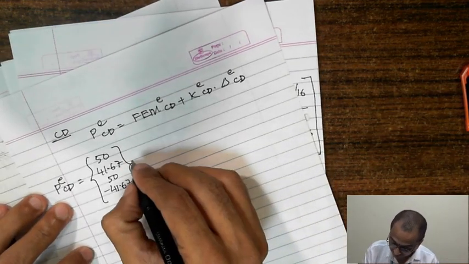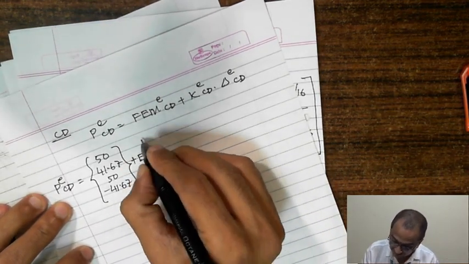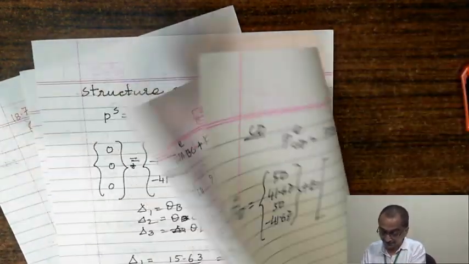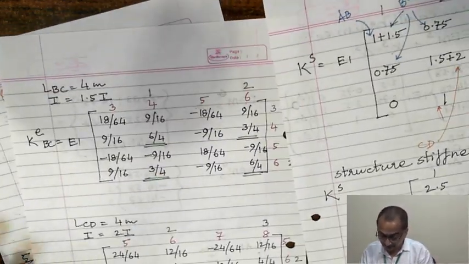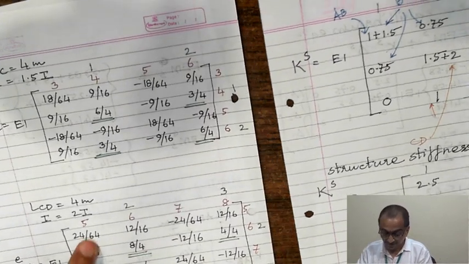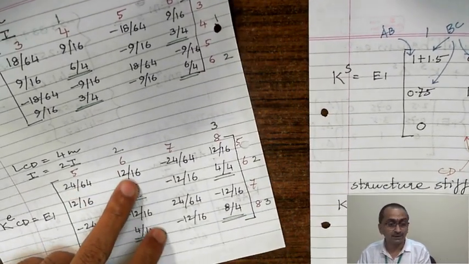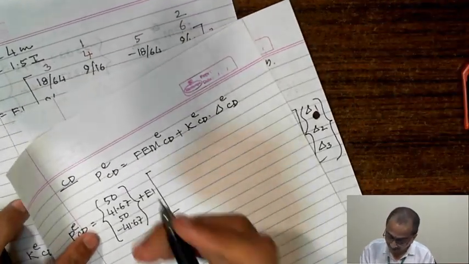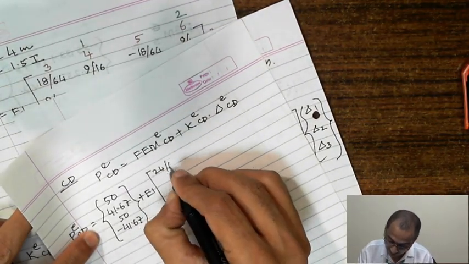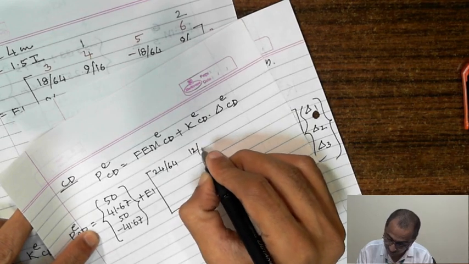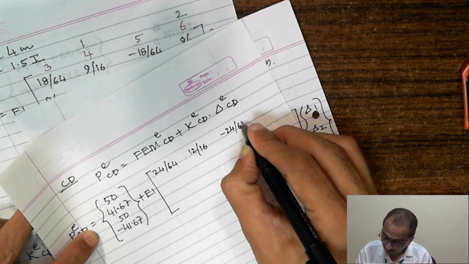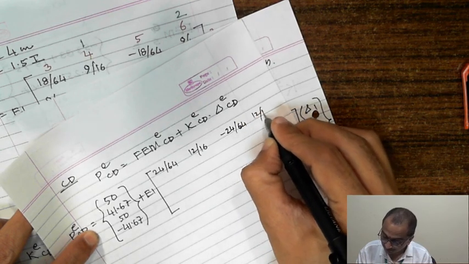So plus, what is element stiffness matrix CD? I have taken EI common. Now I am writing all the elements. Element stiffness matrix CD is 24 by 64, 12 by 16, minus 24 by 64, 12 by 16.